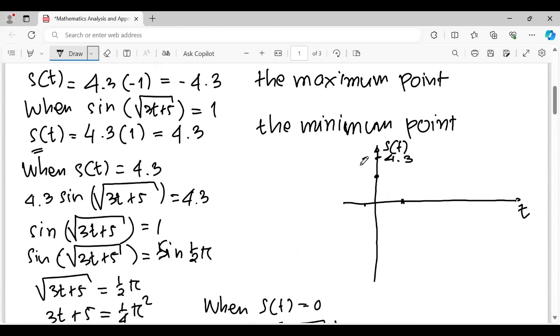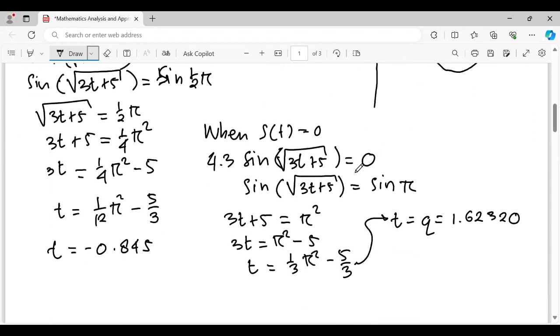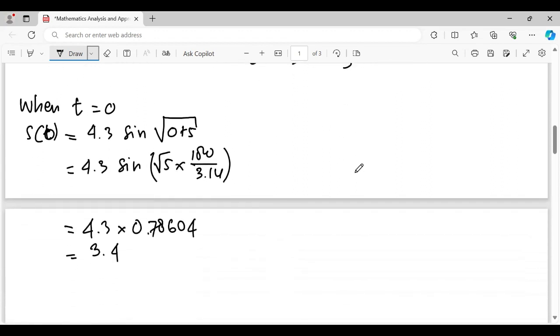So this graph will be like this. Okay. This is 1.62320, and this is 3.4. This one.